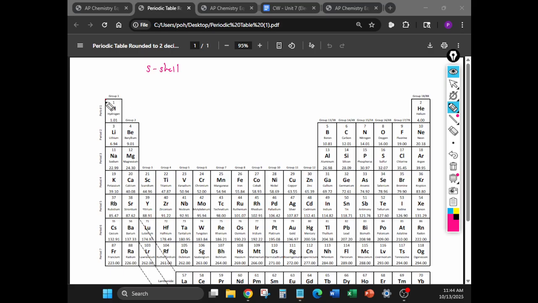It's basically these first two columns. Everybody in these first two columns is in the S subshell. However, we also include helium in there. Helium is part of the S subshell. If this is kind of confusing, don't worry. It'll make more sense as we do the problems.